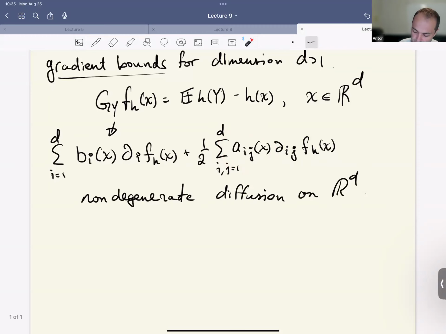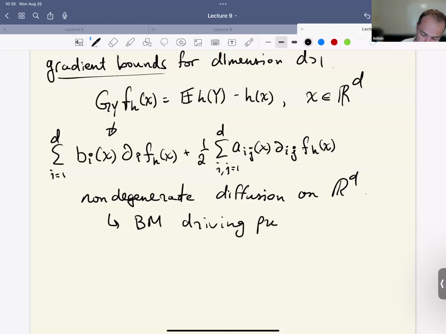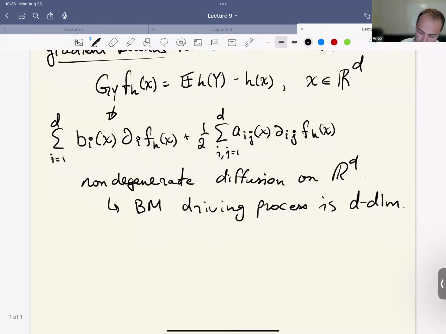I don't know that it's an official term, but what I mean is that the Brownian motion driving the whole process is d-dimensional.